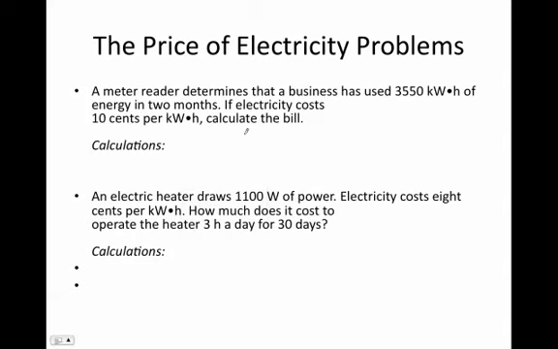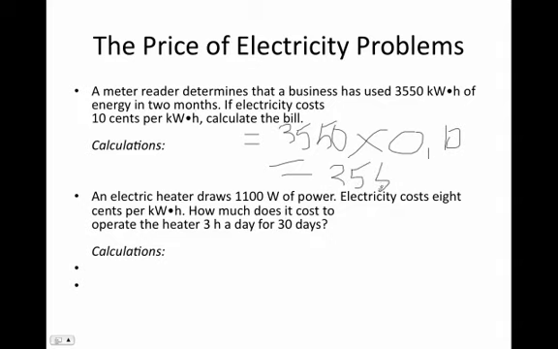The price of electricity is so many kilowatt hours of energy times 0.10. And so what would that be? 0.1 times 3,550, that's $355 would be the price of the bill.